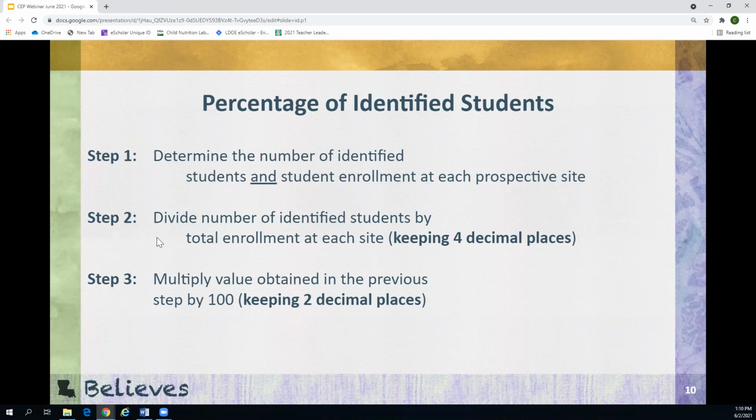From there, you multiply that value by 100, and then you keep that to 2 decimal places. And the decimal places are very important. So oftentimes we find that when the decimal places are not maintained as instructed here, the claiming percentage that districts are using for CEP are often incorrect.